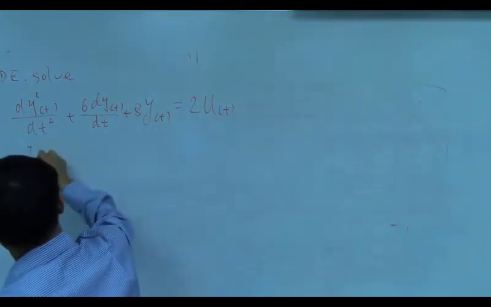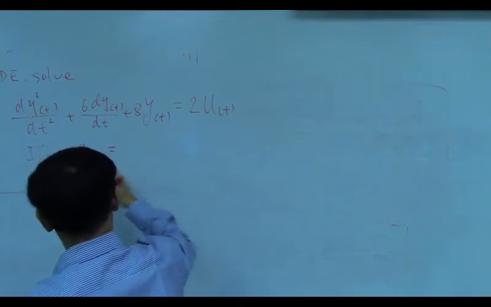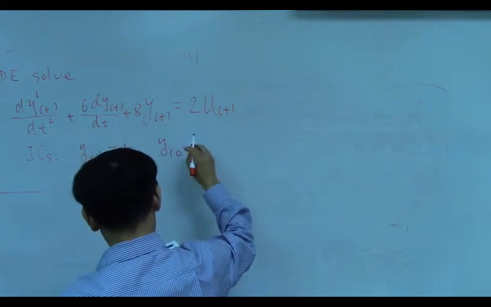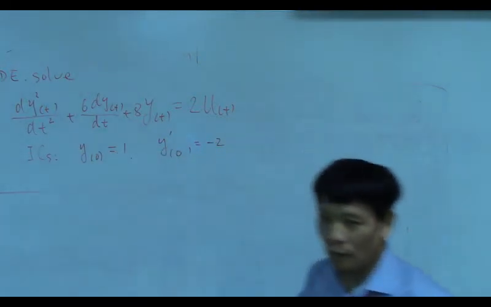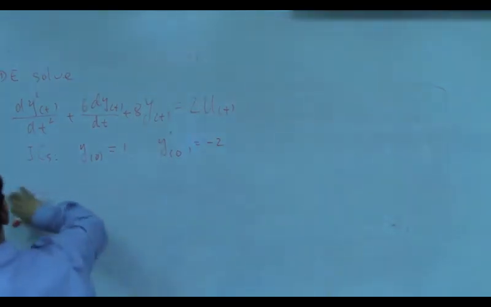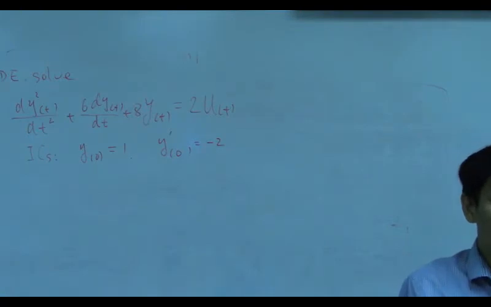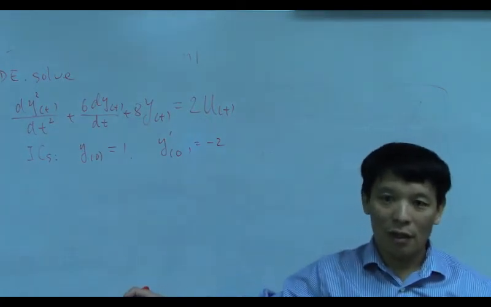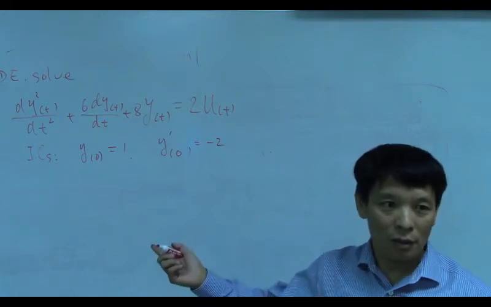The initial conditions are: when t equals 0, the output y(0) equals 1, and the differentiation at t equals 0, y'(0), equals negative 2. We want to solve for what y is. For circuit analysis, this may be an LC circuit, a second order circuit.